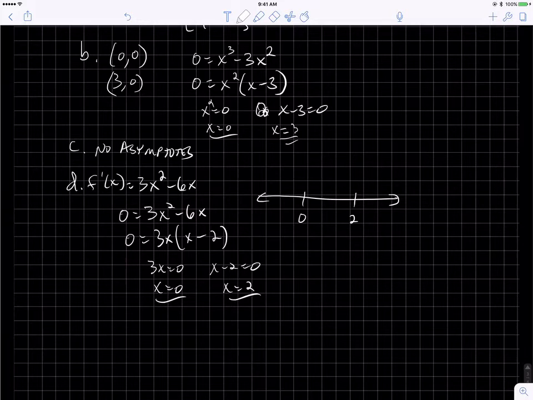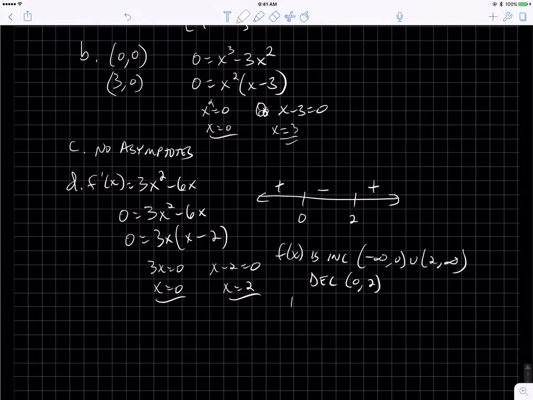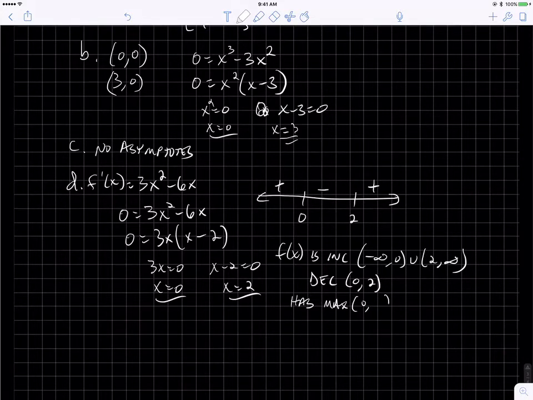I test it out. If I plug a negative 1 into the derivative, I get a negative times a negative. If I plug a 1 in, I get a negative times a positive. If I plug a 4 in, I get a positive times a positive. So f of x is increasing from negative infinity to 0, union 2 to infinity, decreasing 0 to 2, has a max at 0. I have to get the y value.